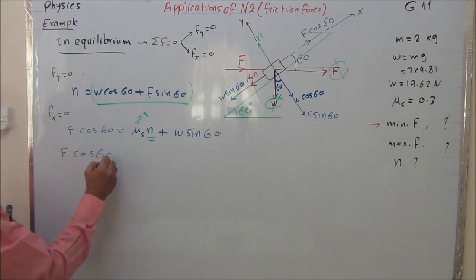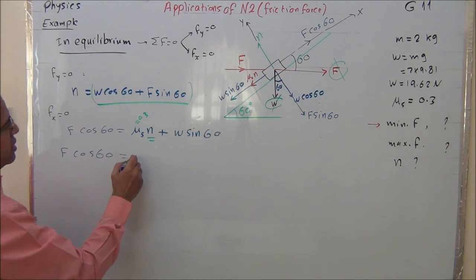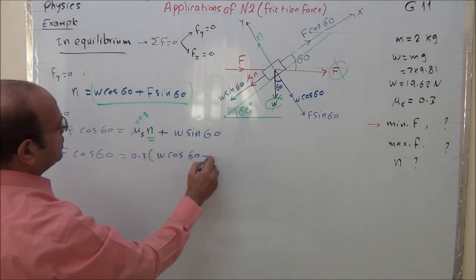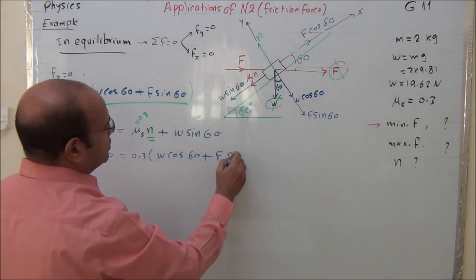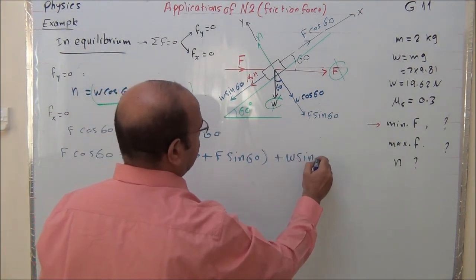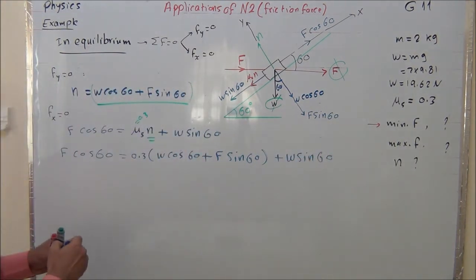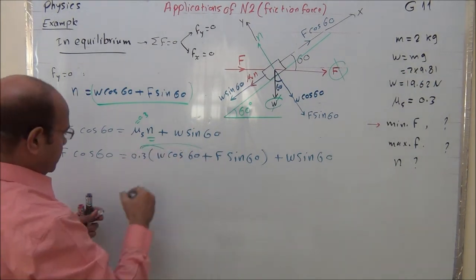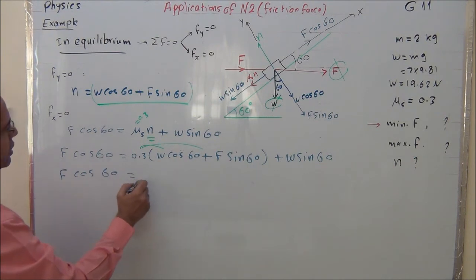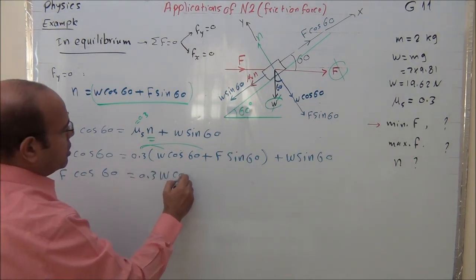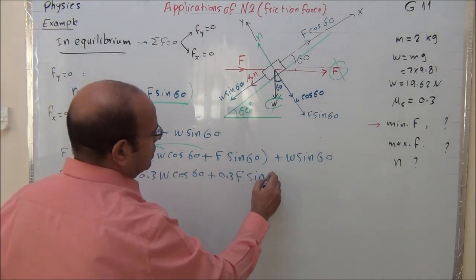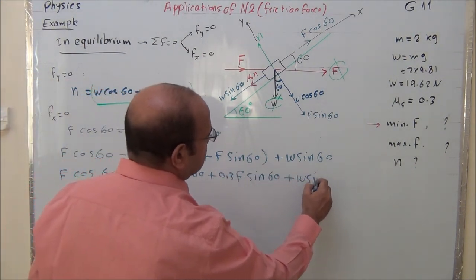So F cosine 60 equals 0.3 multiplied by N, which is W cosine 60 plus F sine 60, plus W sine 60. Distribute 0.3. So F cosine 60 equals 0.3 W cosine 60 plus 0.3 F sine 60 plus W sine 60.